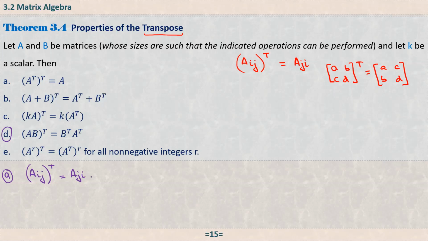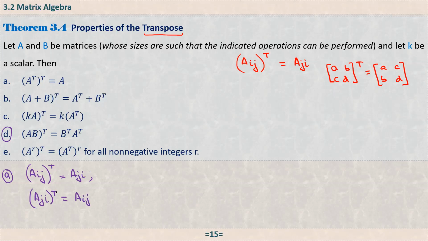So again, using the same definition, if I write one more step, how about the ji entry of this new matrix? If you transpose this, it will give us this element, that is ij.